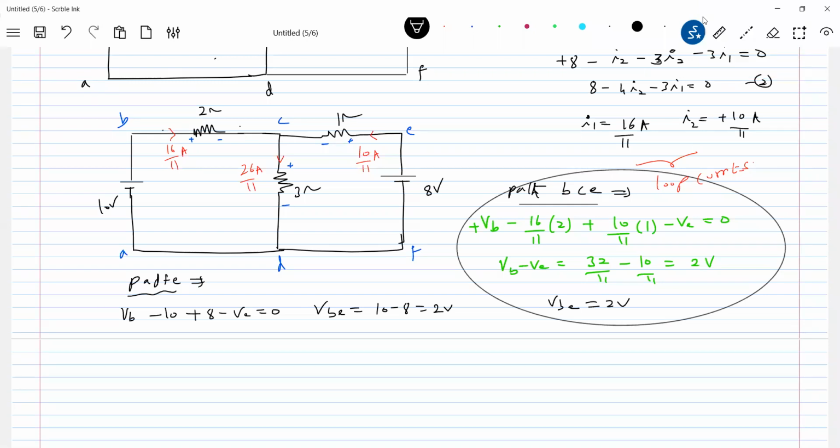Sir, why should it be equal to 0? Because the law says the algebraic sum of EMFs should be equal to the algebraic sum of IR drops. That IR drops, if you bring onto LHS, should be equal to 0, no? Yeah. So in path BADFE, why shouldn't we write VA, VD, VF?